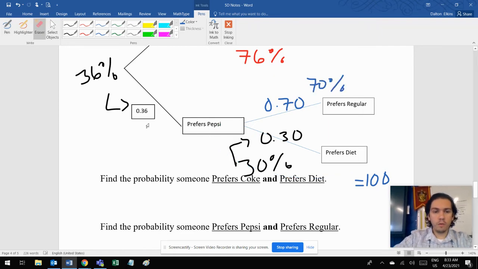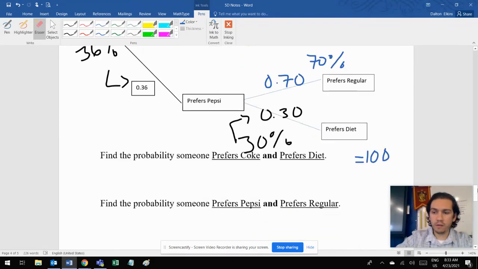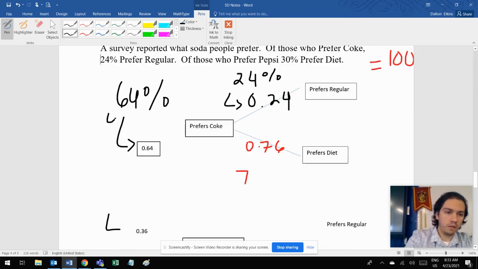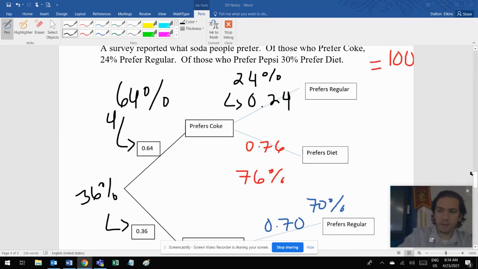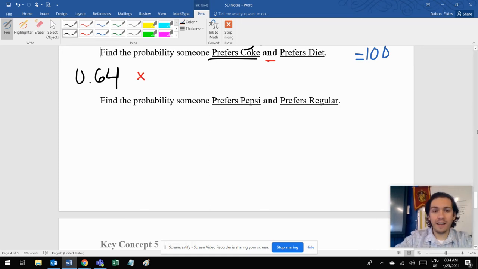So the first question is to find the probability that someone prefers Coke and prefers diet. The probability that someone prefers Coke is 64%, so this is 0.64. Now I see the word "and". If you remember in probability, "and" means to multiply. Now I want the probability that someone prefers diet.